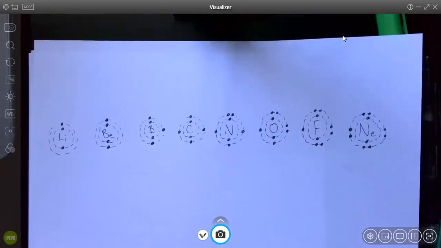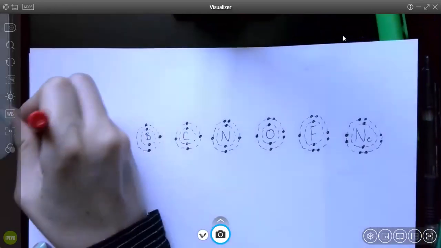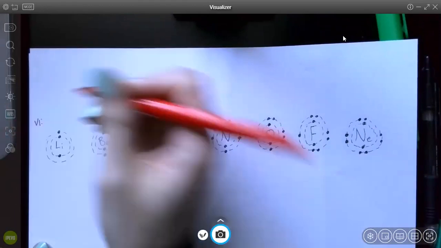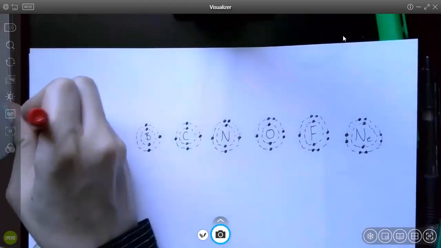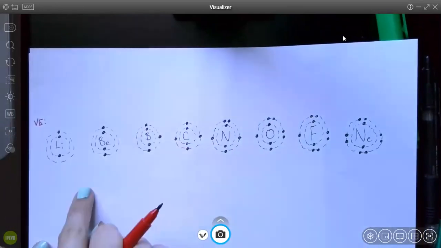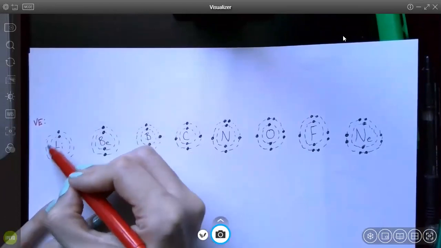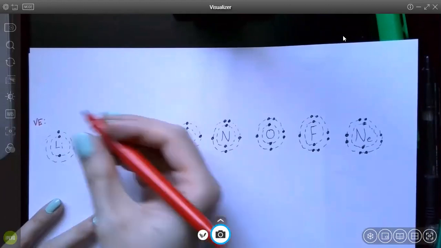And so the first thing I want to look at is the number of valence electrons, which we talked about when we learned how to draw Bohr-Rutherford diagrams in the last lesson. So valence electrons are just the electrons in the outermost orbit.